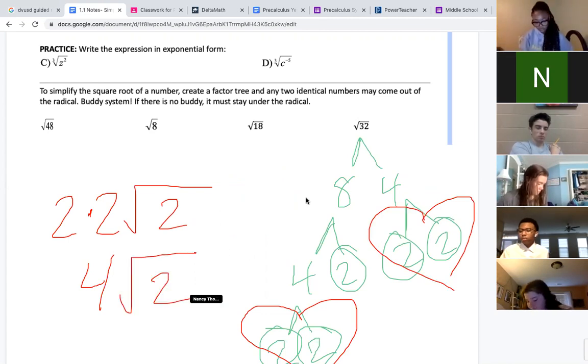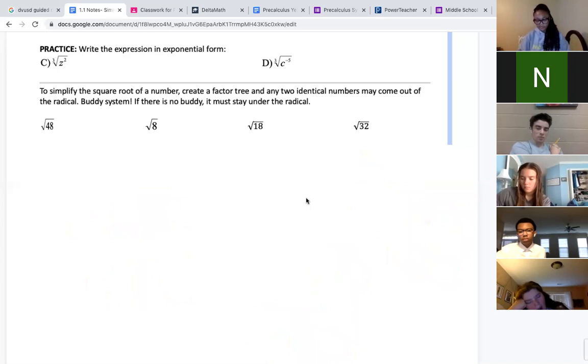Okay, so I'm going to show you something real quick. If you are really confident with your perfect squares, this is one method. This one takes a little bit longer, but you'll definitely get the right answer. But 32, some of you might have recognized, is 16 times 2.